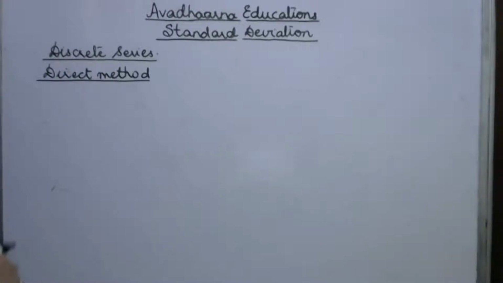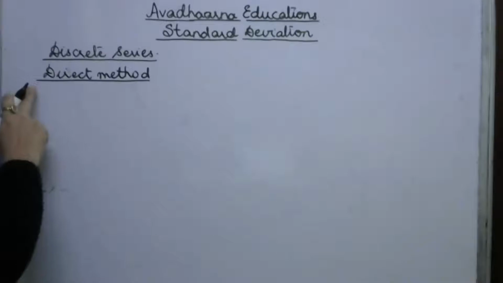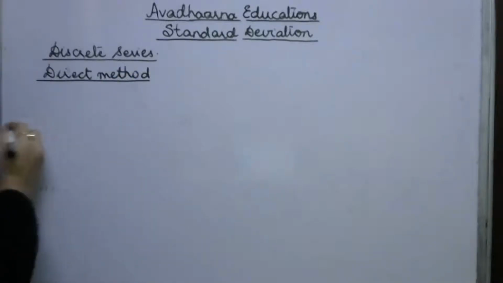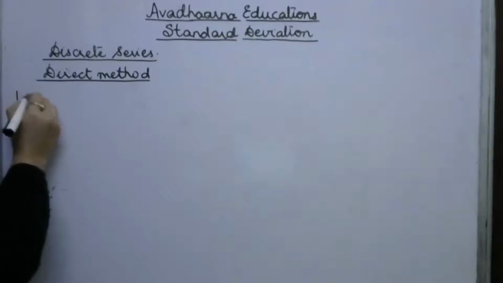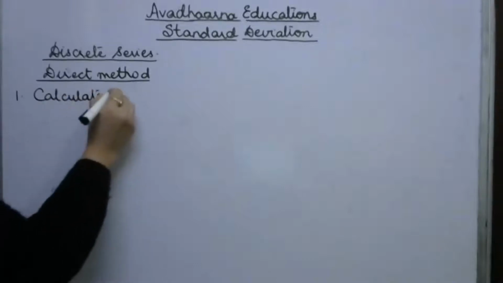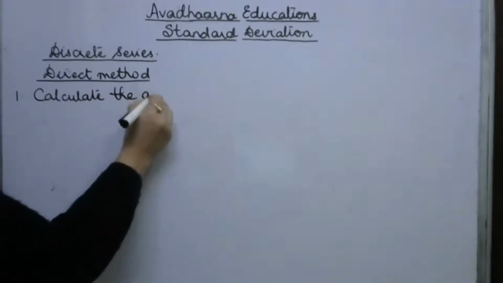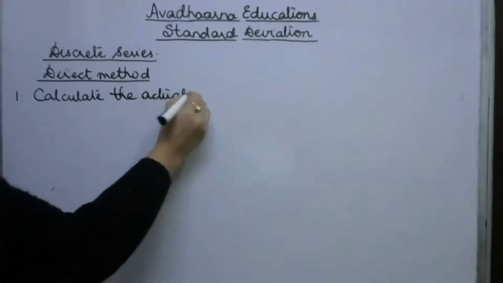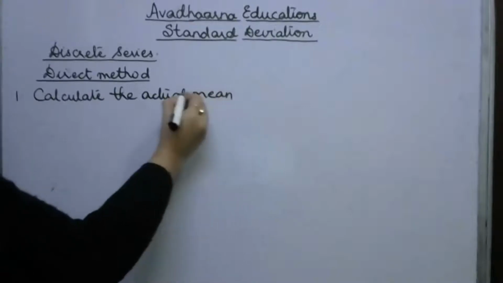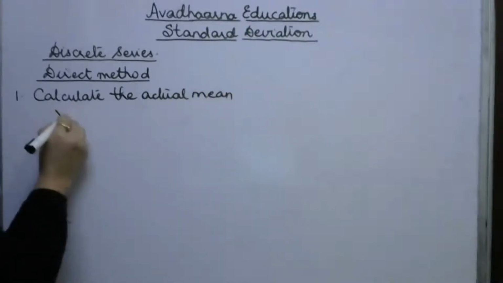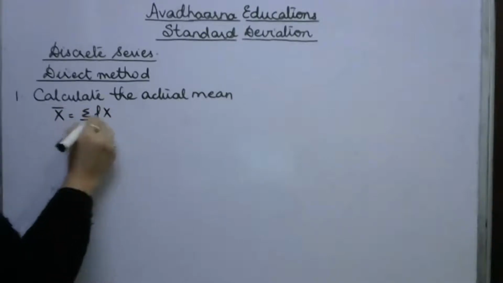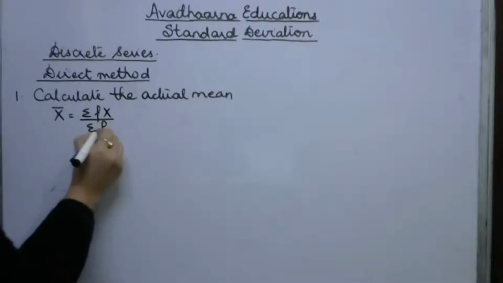Let's start with the direct method first of calculating standard deviation in case of discrete series. The first step will be to calculate the actual mean of the data, and actual mean in case of discrete series is given by mean is equal to summation fx over summation f.